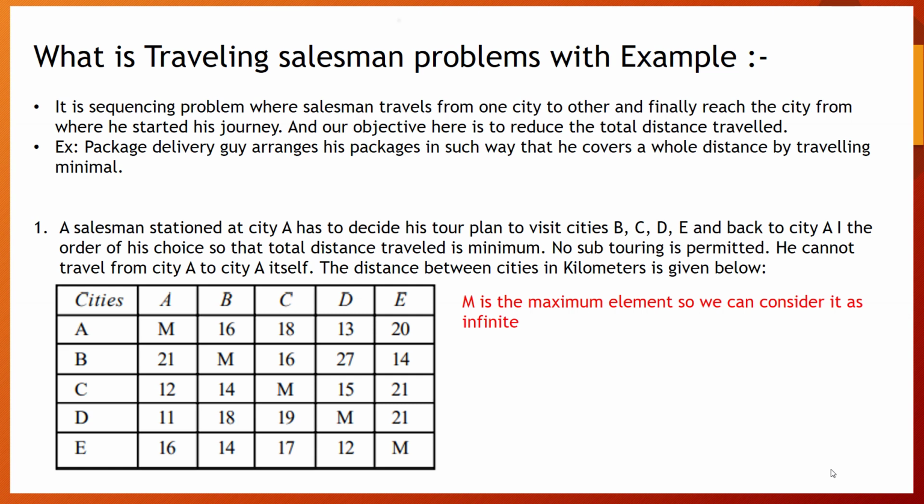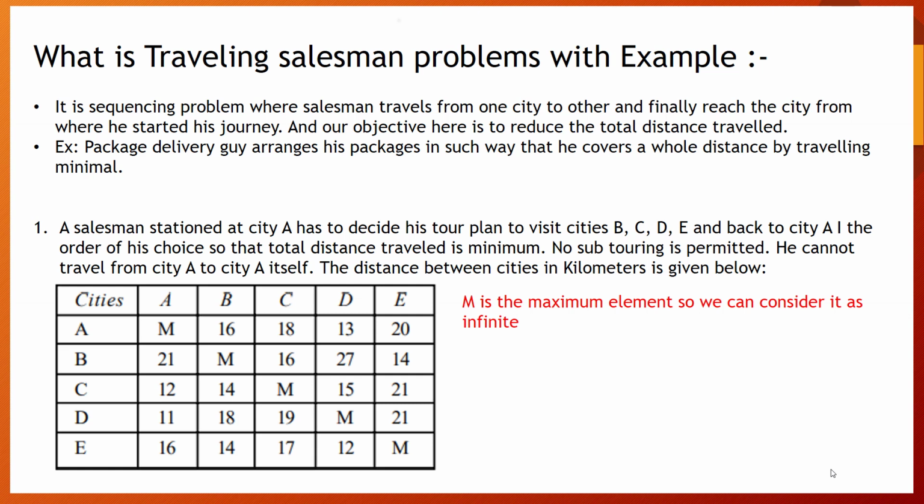So let us consider an example. There is a package delivery guy who has some packages. He starts from his office and, at the end of the day, he needs to reach his office back. So he needs to arrange his deliveries in a way such that he covers all of them in one single path.